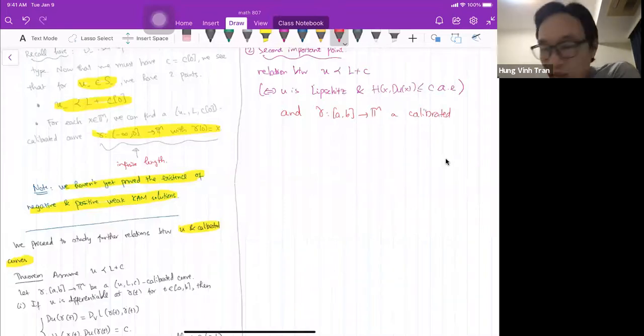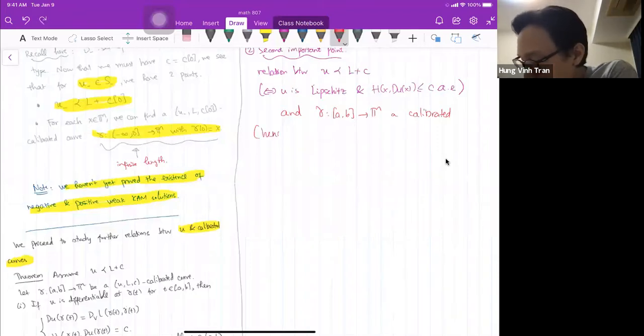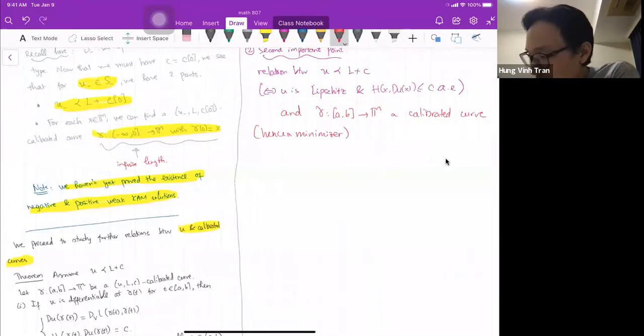And again, because it's dominated from above by L plus C, hence it is a minimizer. Okay. So those are the two objects that we're going to try to discuss more, the relation.